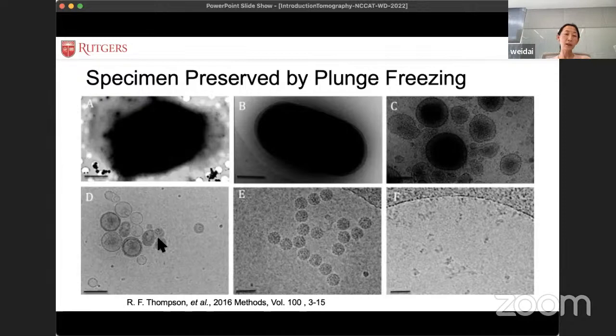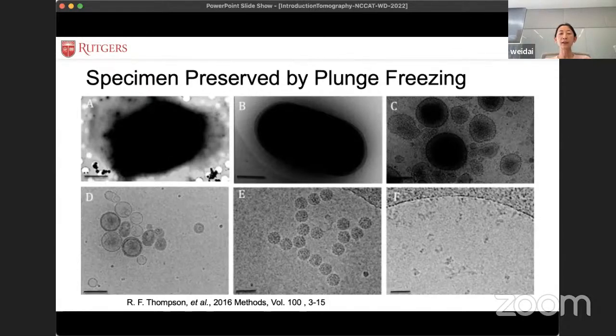This is lipid vesicles, maybe liposomes, or purified endomembrane system, organelles, or microsomes. And this B is very obvious, a bacteria. And A is a eukaryotic cell, probably. But for all these types of samples, potentially you can use plunge freezing to prepare them, okay?